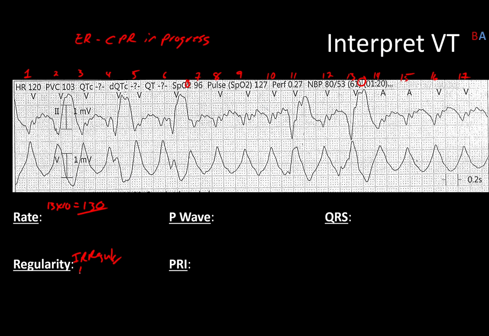I do have changes in size, and I've got these beats here. I'm going to put a little star right around them that are just off. They're not quite the same as the others, so we want to come back to that.